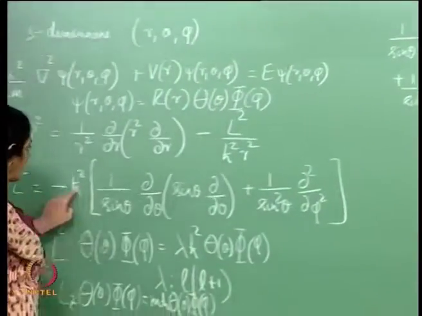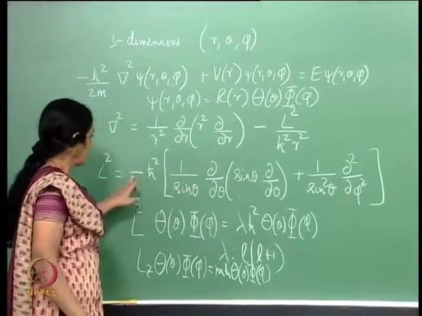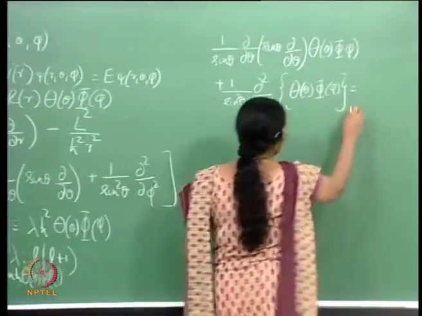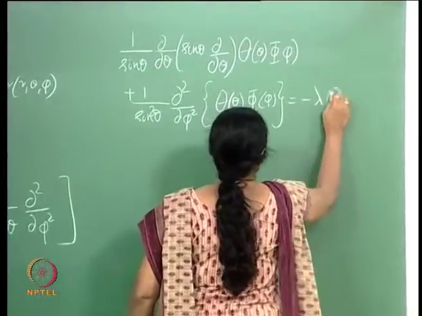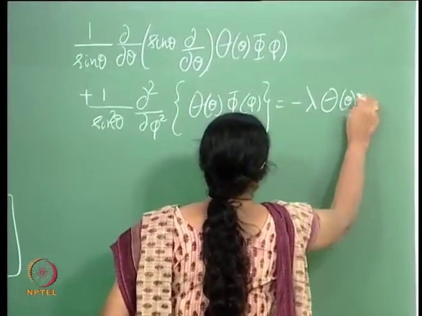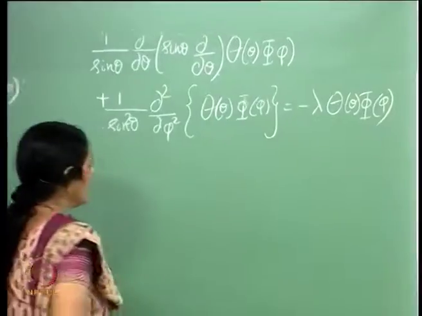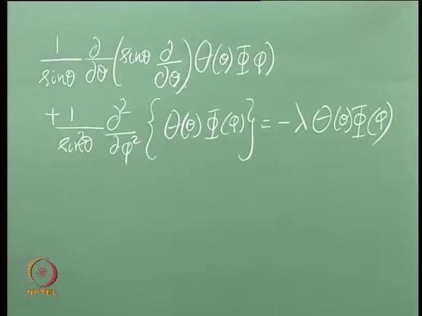There is an h cross squared there which cancels with the h cross squared here, and I pull the minus sign to that side. So, this was the eigenvalue equation that we had.